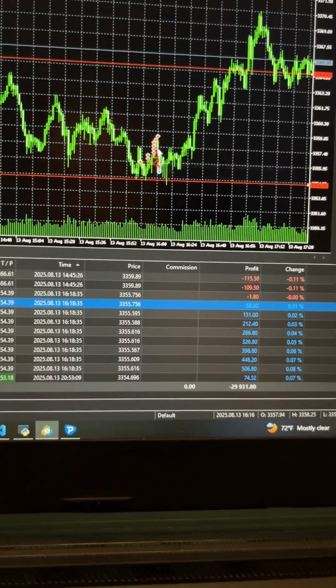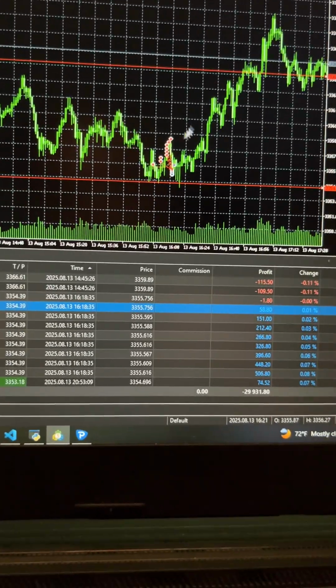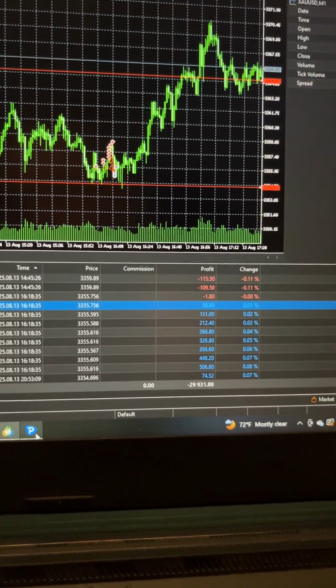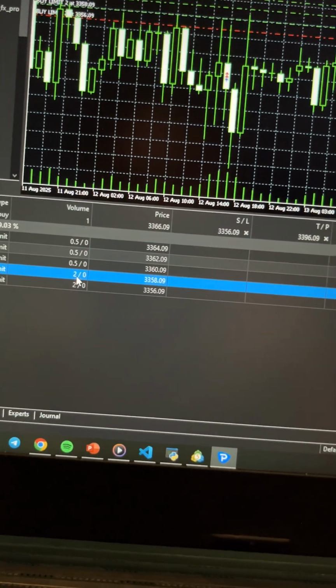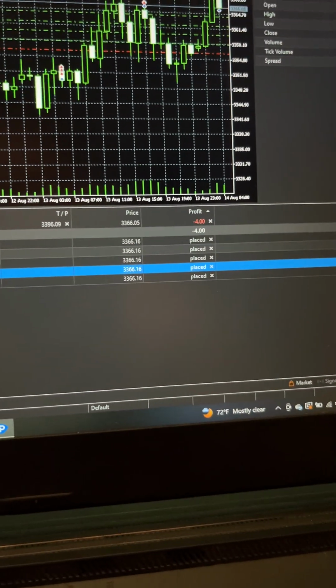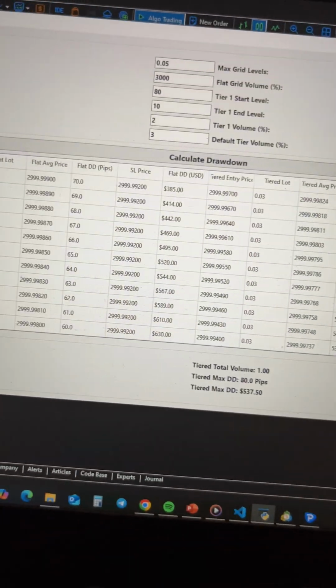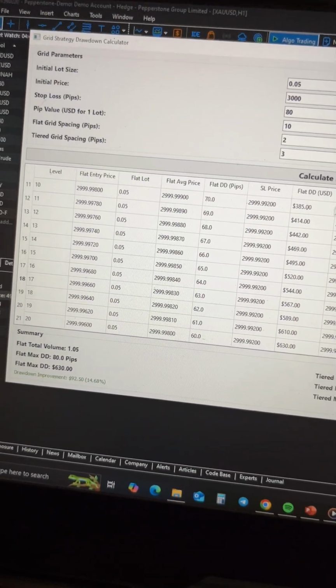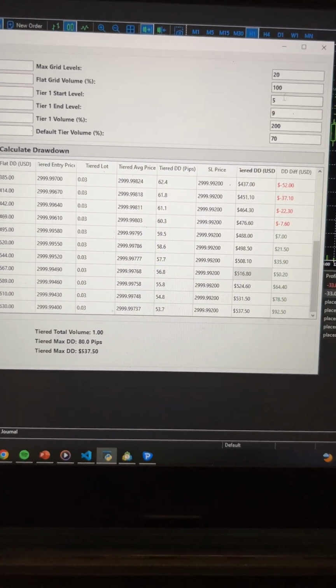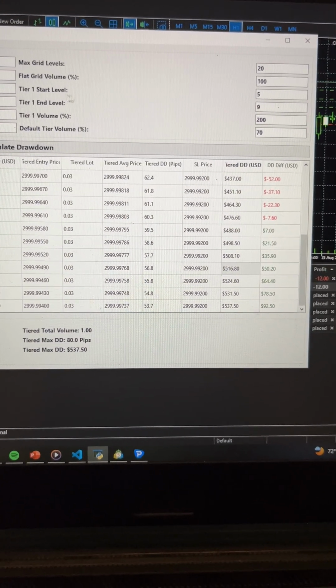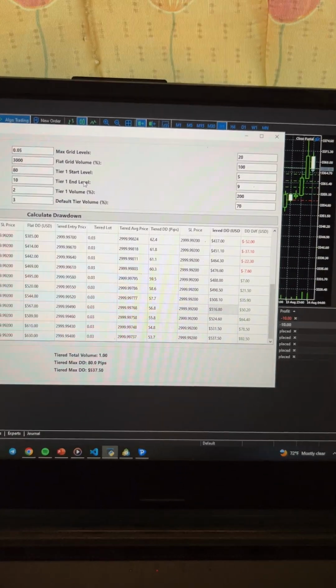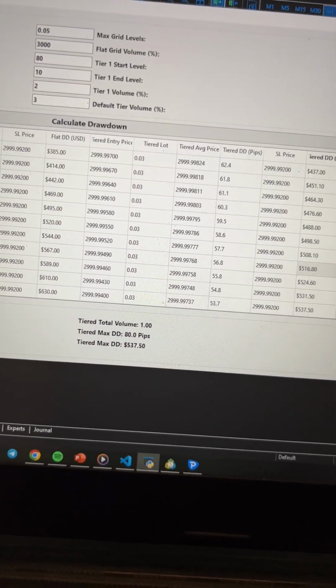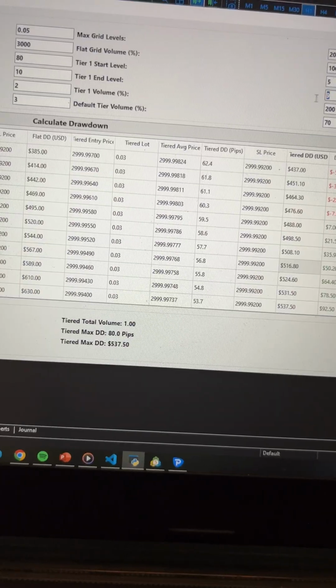So basically, on my current sessions, I am using a tier. I'm setting my tier here. I already have the calculator here, as you can see. There is tier 1 start level and tier 1 end level. Now I am setting level 5 and level 9.